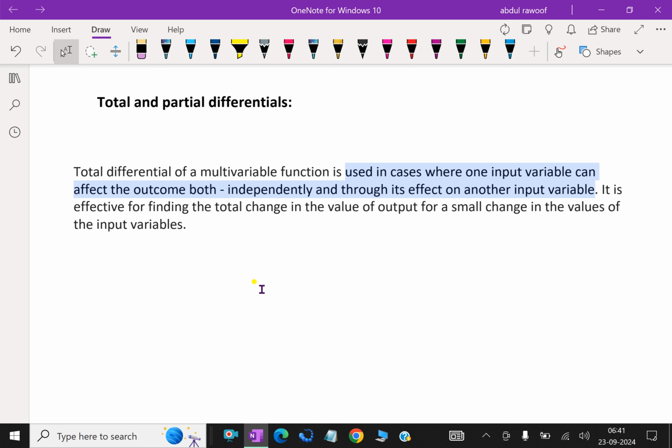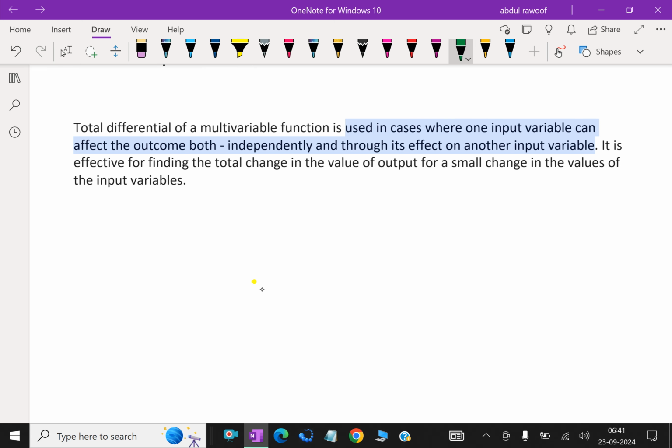Consider the function z equal to f of x comma y. That means the function f has two variables, and it equals z.